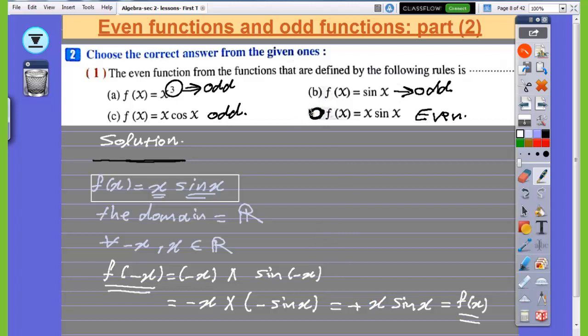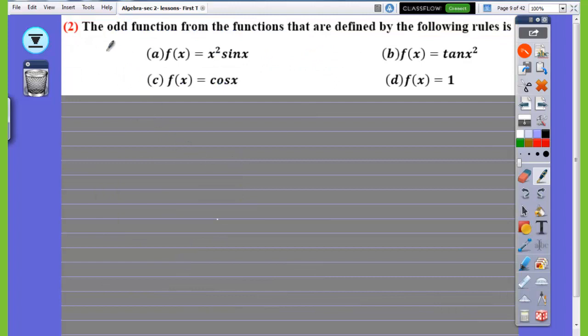Question number 2. The odd function from the functions that are defined by the following rules is, here we ask about the question about the odd function.